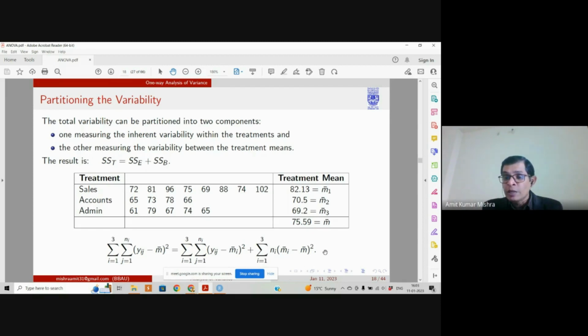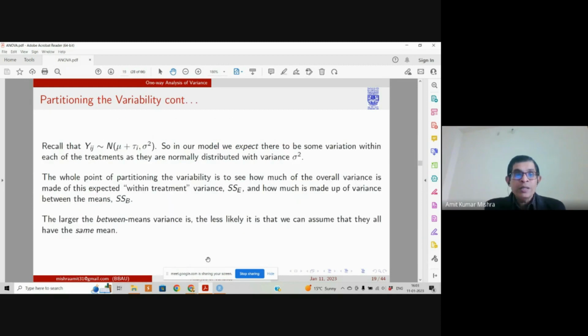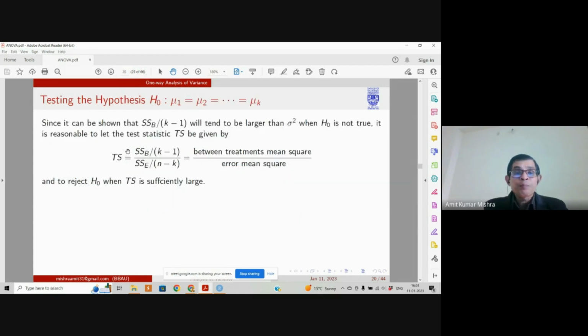So we are actually focusing upon second and first. I have explained all these things actually. Now we focus upon the first estimator, and the first estimator is SSB divided by K minus 1, because we had K treatments. So we are dividing it by K minus 1 just to average out the things. So your first estimator is SSB upon K minus 1, and it will estimate sigma square.